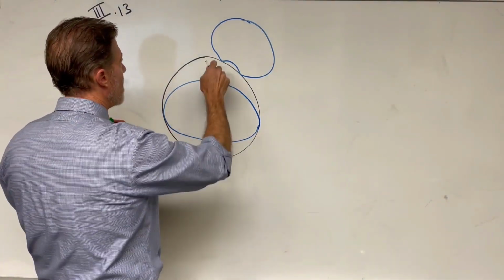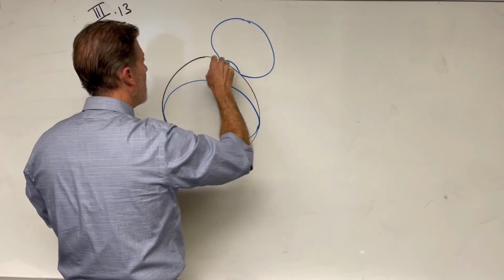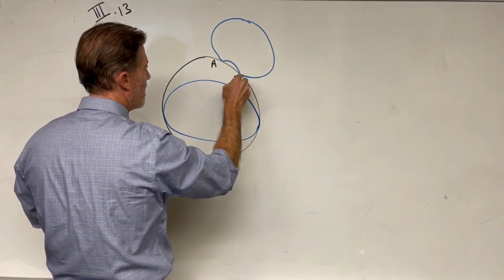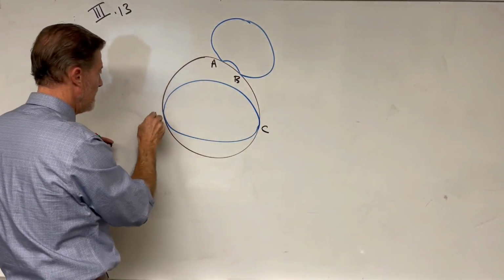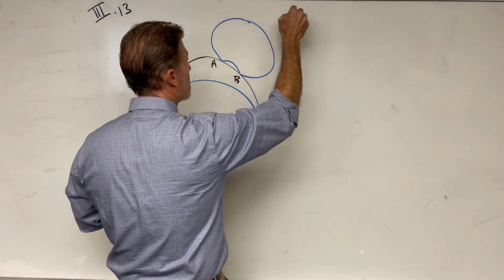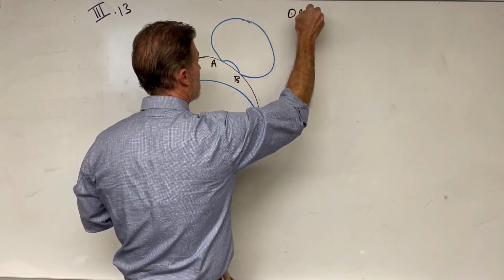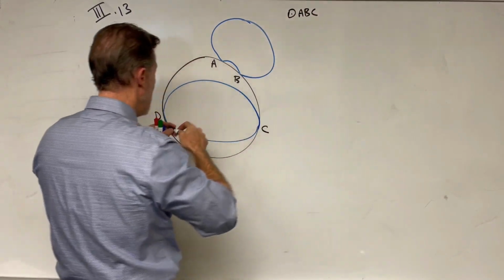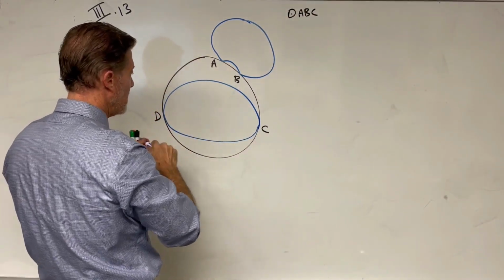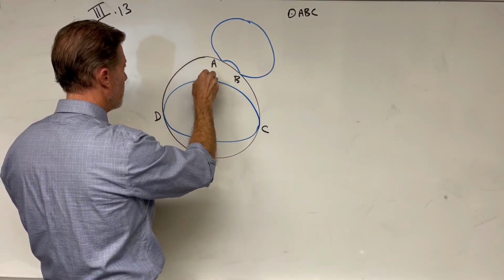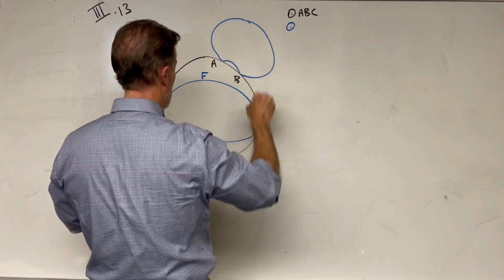So let's have our initial circle. We'll call this A, B, C, and D. So our black circle is circle ABC, and we have an internal circle. Let's call that circle FCD.